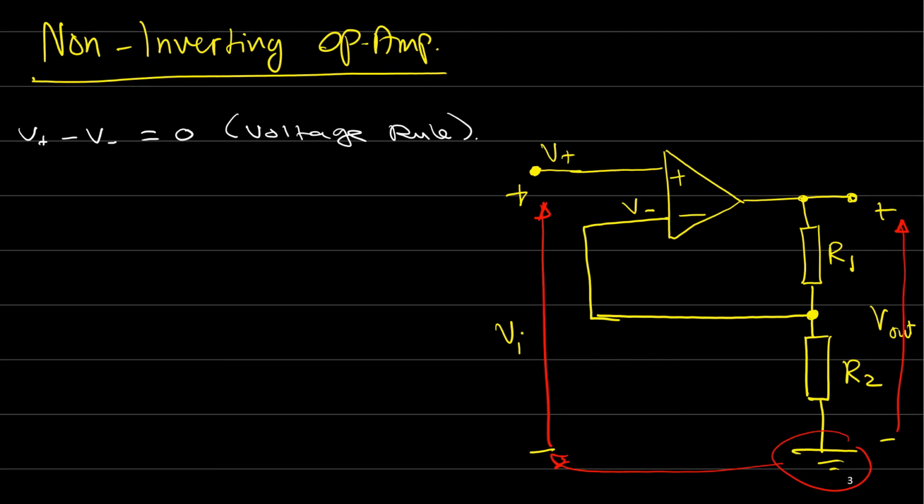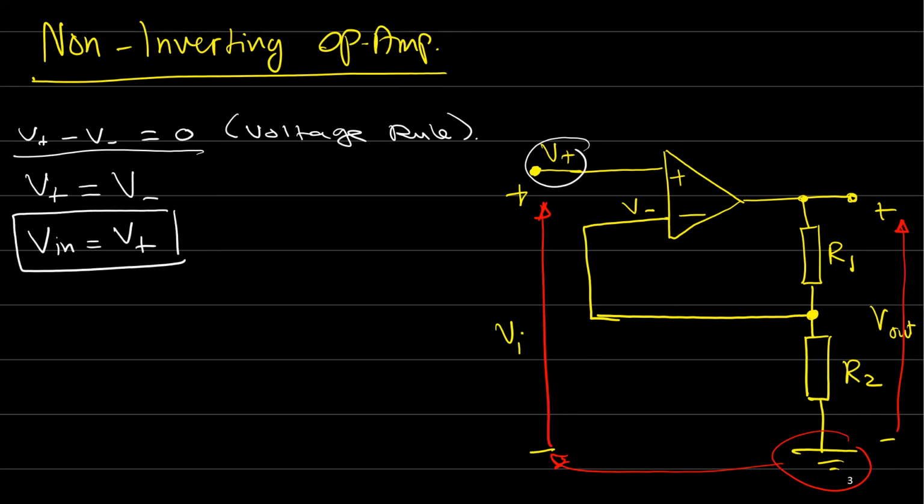Okay, from this we can say that V plus is equal to V minus. And from this circuit we know that V input is equal to V plus, this value, right? Now look at V minus here. V minus is connected here. So we can use the potential divider, the voltage divider, right? So V minus is equal to how much?